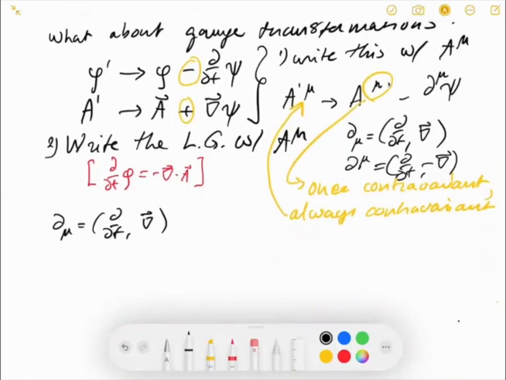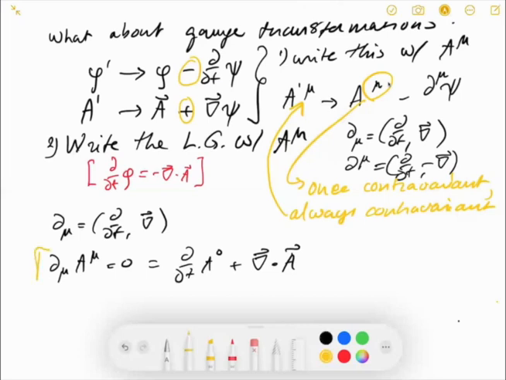So if you rewrite this, you can just write this as 0. It's the exact same, right? Because this is ddt of A0 plus the divergence of a vector. And of course, A0 is phi. So the whole thing works out.